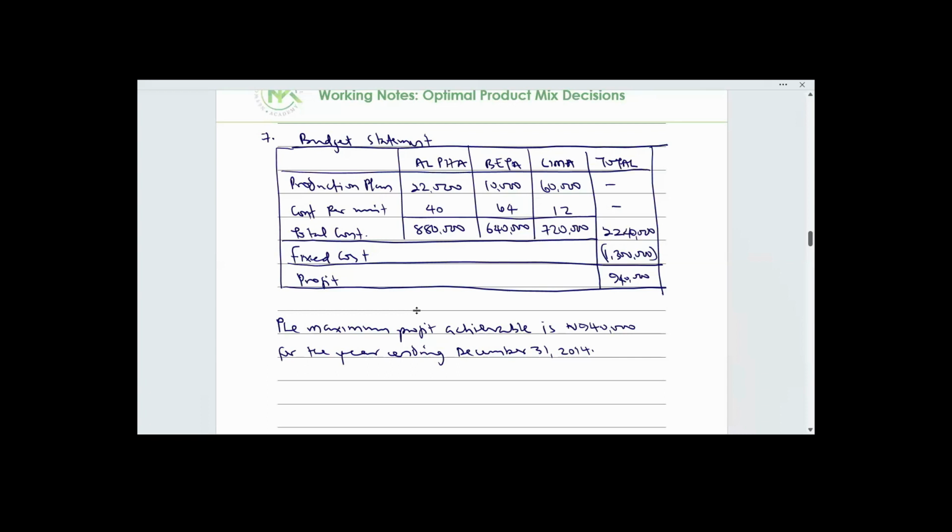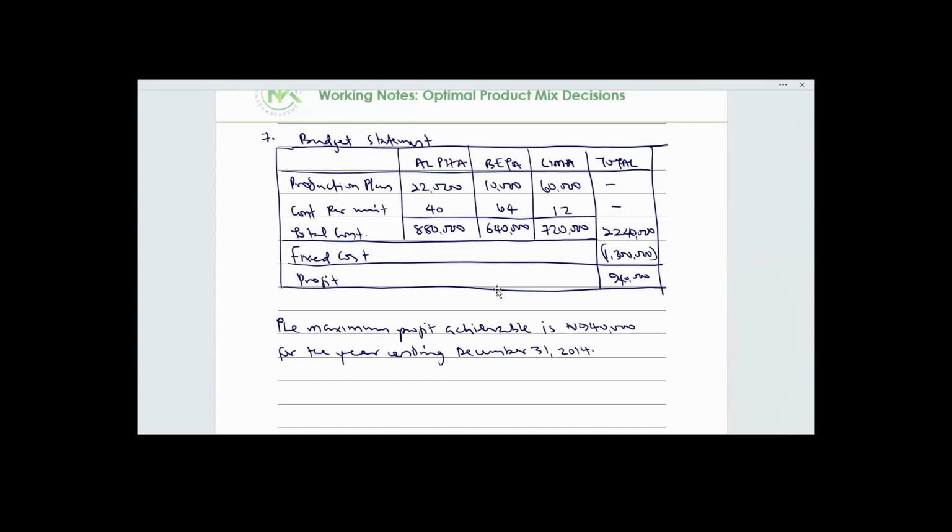See, when you are asked to determine the profit derivable, remember when we started, we said that because the company does not have sufficient factor of production, therefore the little that the company has will need to be allocated in such a way that will enable the company to maximize contribution towards profits.